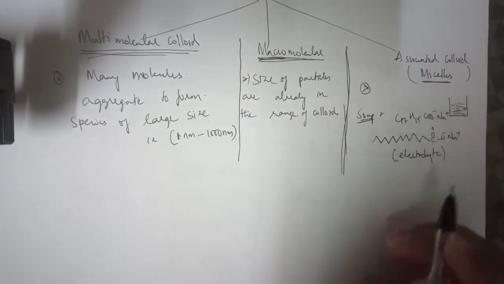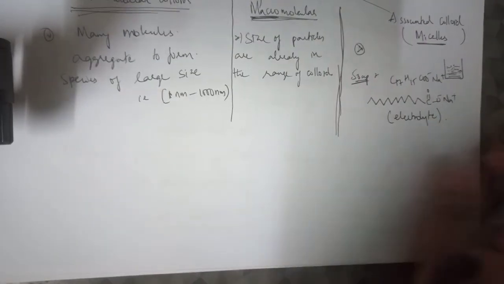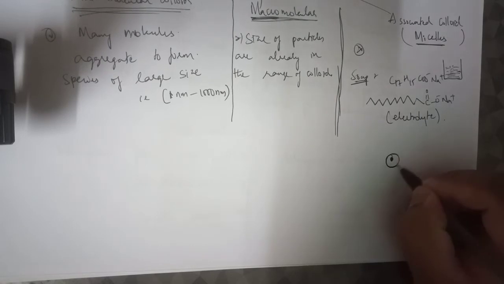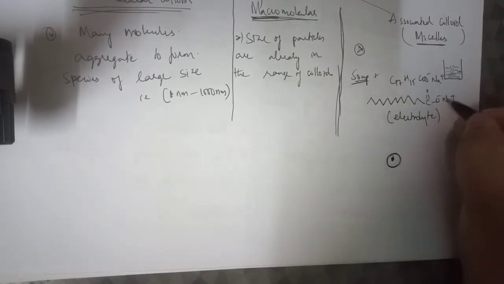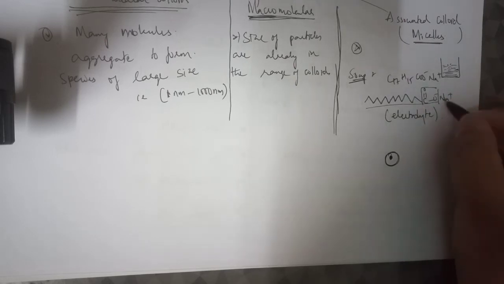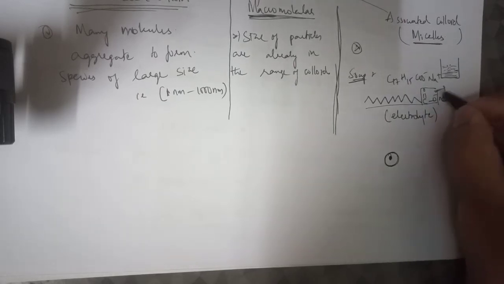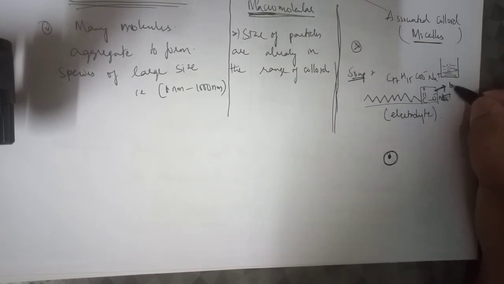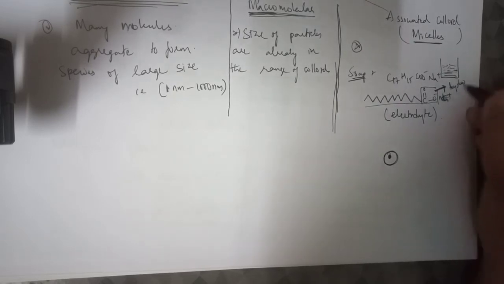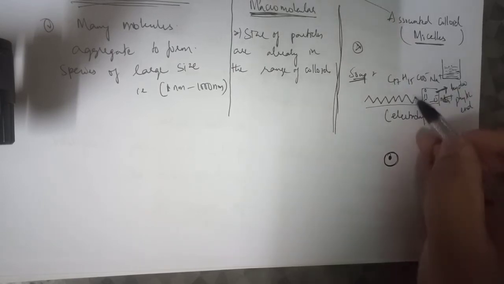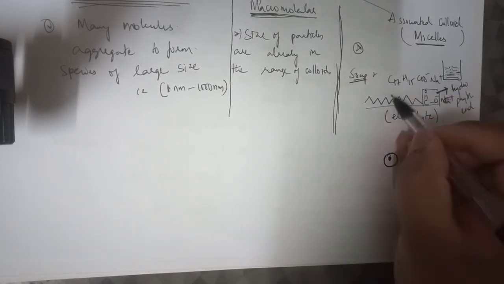What happens actually is, suppose this is a water molecule. We generally have this part COO minus, which, even in ninth standard you might have seen, is the hydrophilic end. This we call the head and this the tail.